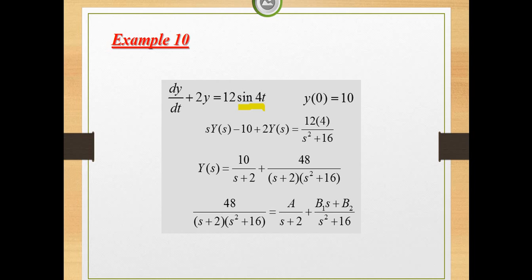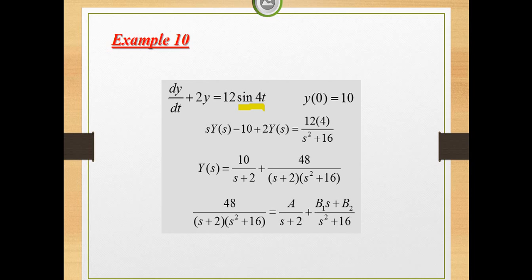So you will have s plus 2 times s squared plus 16 for this fraction, plus the fraction resulting from the 10 which you need to transfer here. So 10 divided by s plus 2 coming from this s plus 2 when you factor out y of s.